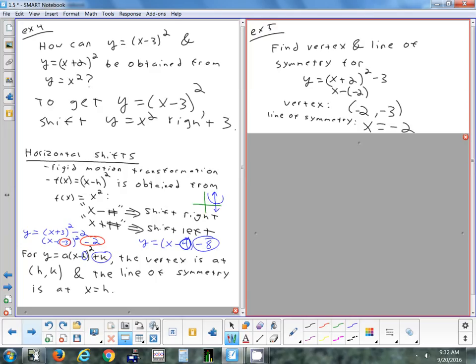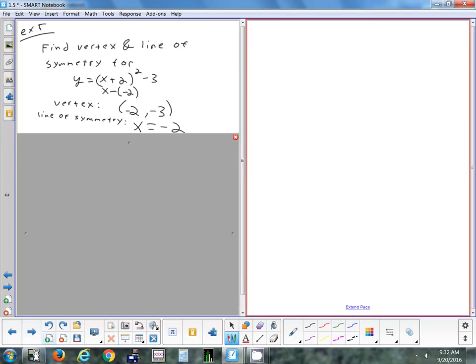Any questions on that, or does anybody want to see one more of the vertex and line of symmetry? So same directions. Okay, what's my vertex here? James? 8, 7. That's the vertex. Remember, minus shifts to the right. If you shift something to the right, that's a positive.